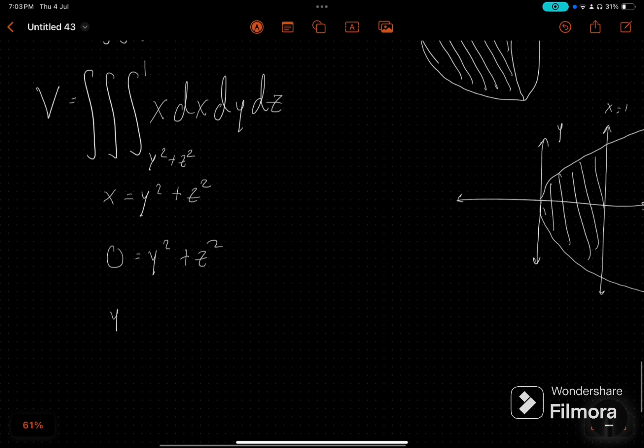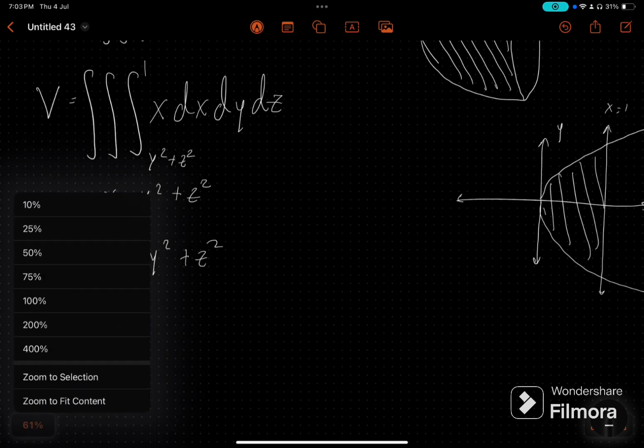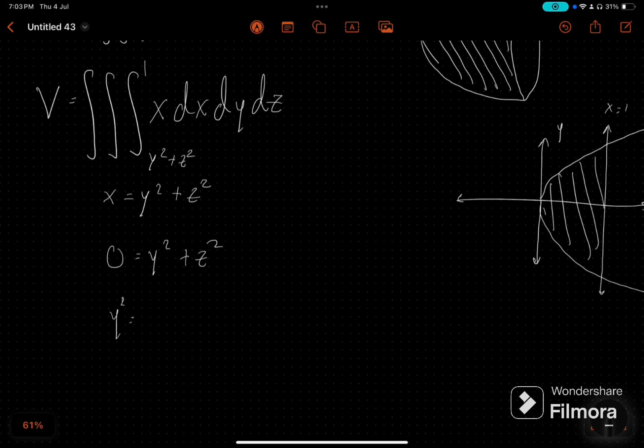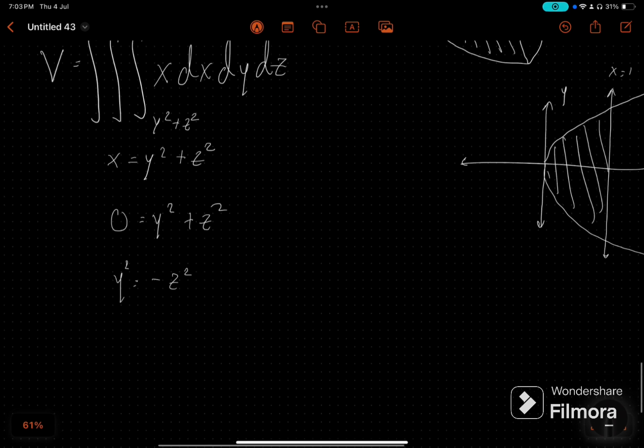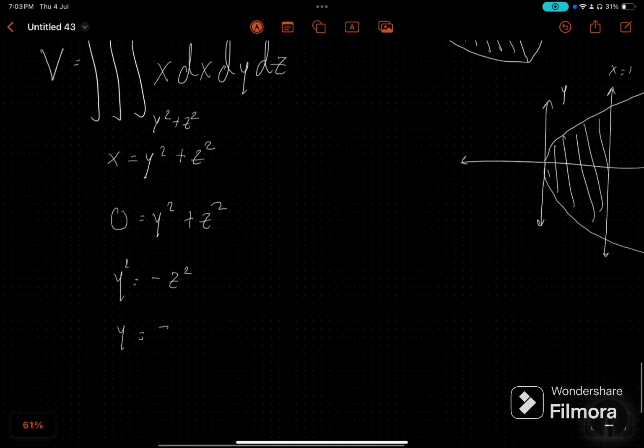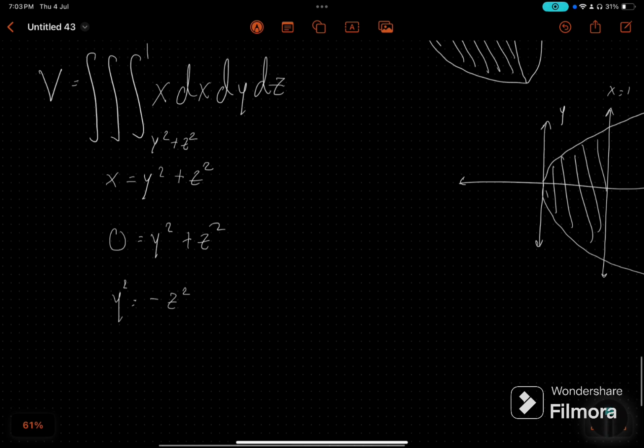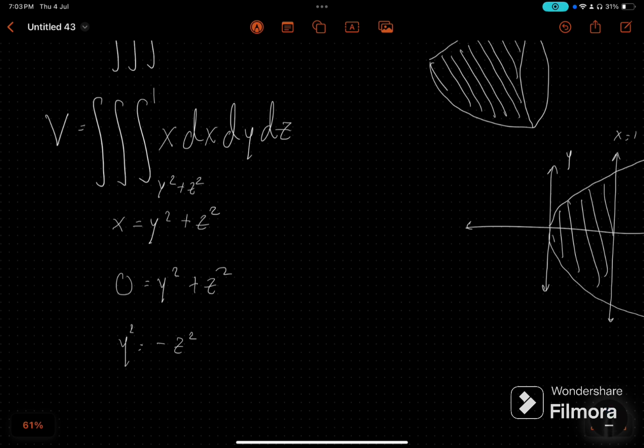And now y squared is gonna equal minus z squared. So y equals plus minus square root of minus z squared, which doesn't make sense. And now we really bump into an issue.